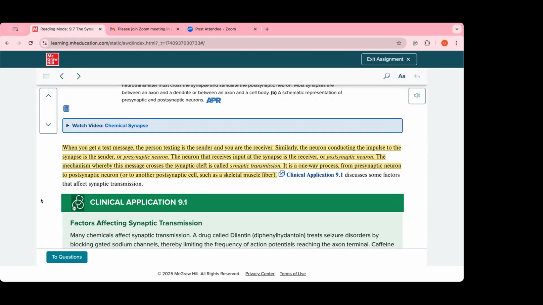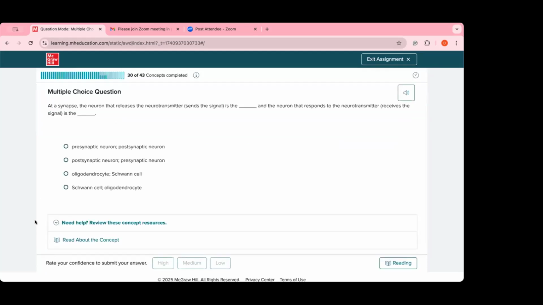Similarly, the neuron conducting the impulse to the synapse is the sender or the presynaptic neuron. The neuron that receives is the receiver or the postsynaptic neuron. The mechanism whereby this message crosses the synaptic cleft is called synaptic transmission. So let's go to the question. The sender is the presynaptic, so it's the first one. The presynaptic neuron and the postsynaptic neuron.